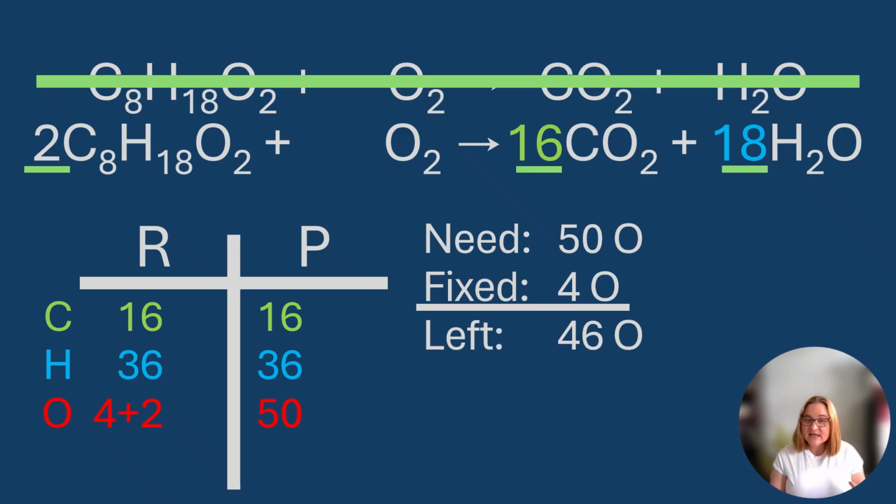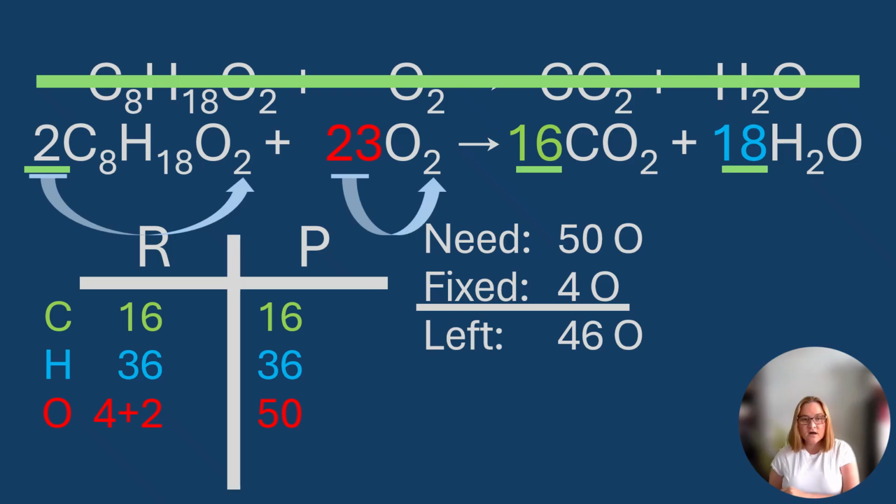Since I've decided that I can really only change the coefficient on the O2 to get me to that 46, that means I will need a coefficient of 23 in front of the molecular oxygen. Because I started with 4 atoms on the reactant side, and I am adding another 23 times 2, or 46, all of that gets me to 50.